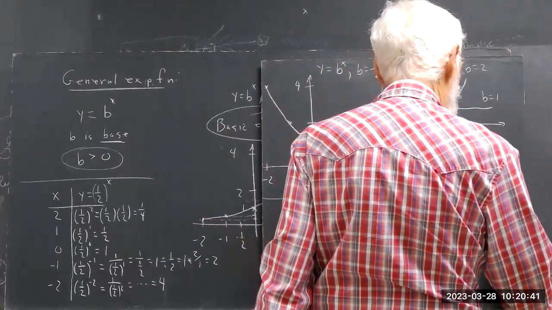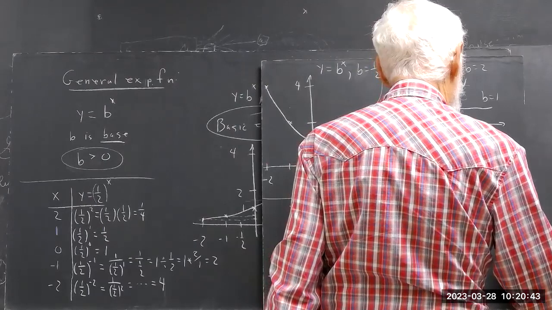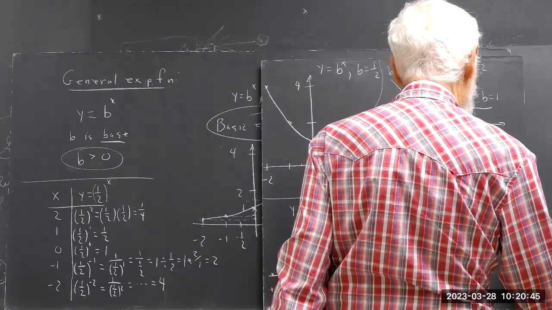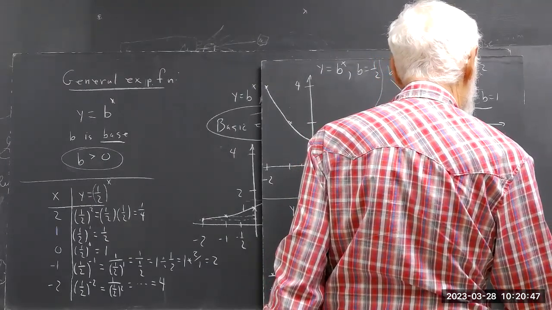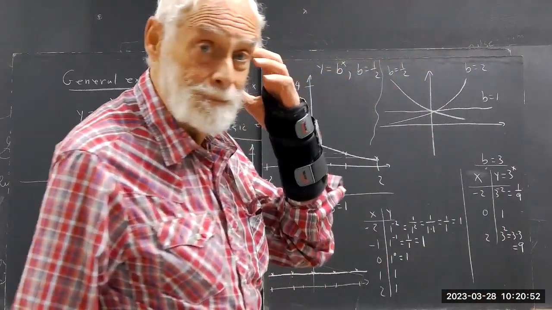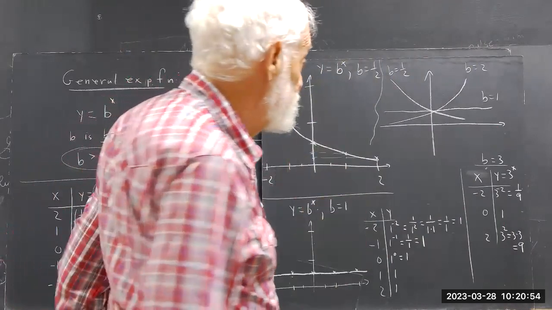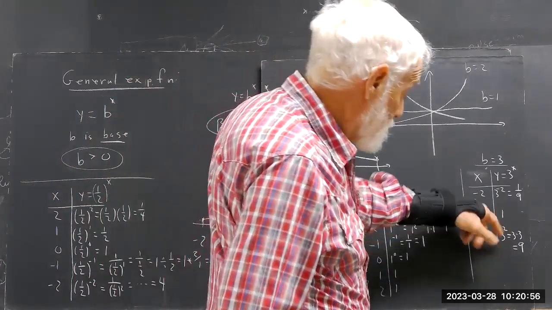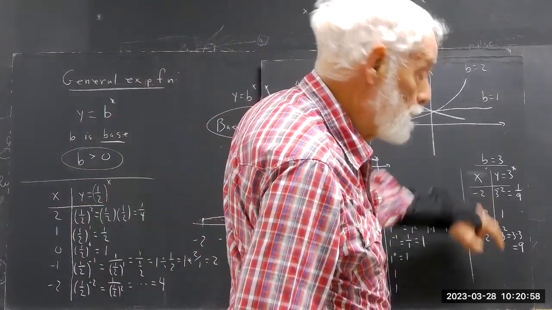And 3 to the second, of course, that means 3 times 3. And that's 9. Okay. You want to be careful you don't see this as a multiplication. It's 3 raised to a power.